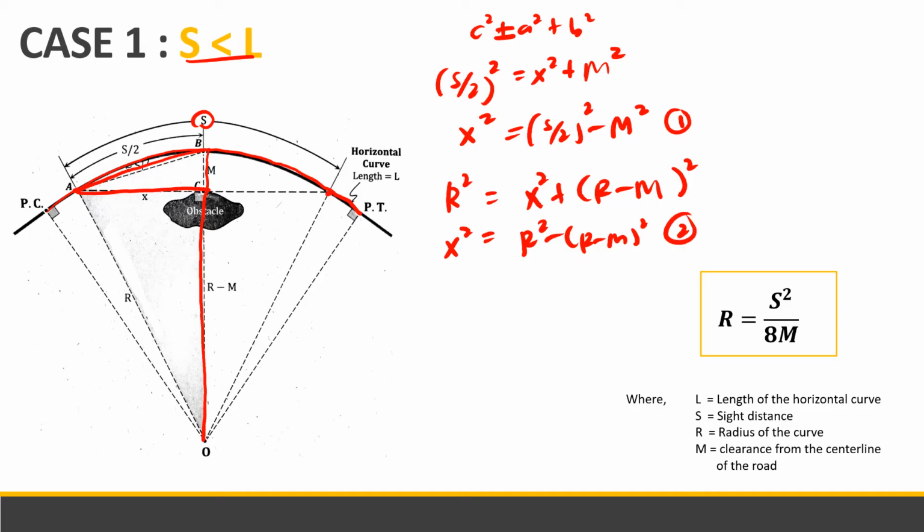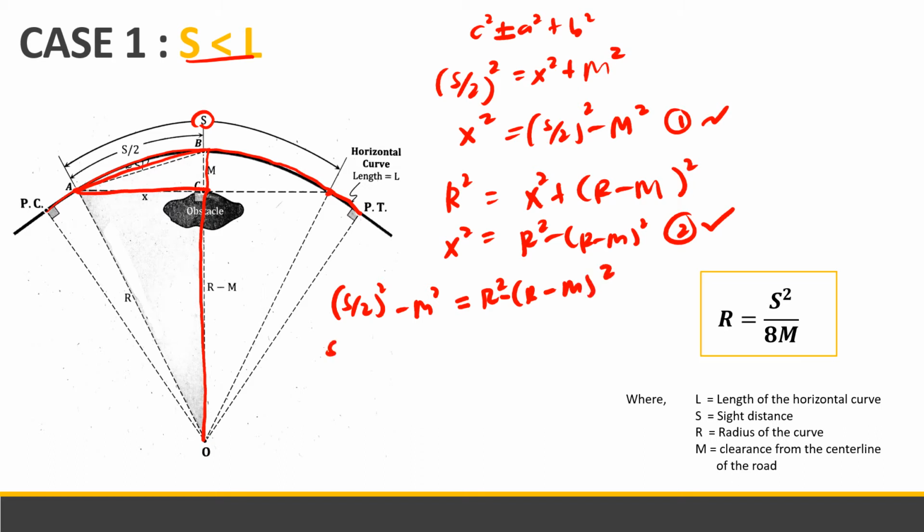That is the equation 2. So if we were to equate equations 1 and 2, so we will have S over 2 squared minus M squared is equals to R squared minus R minus M squared.